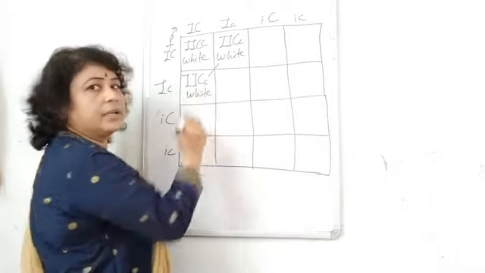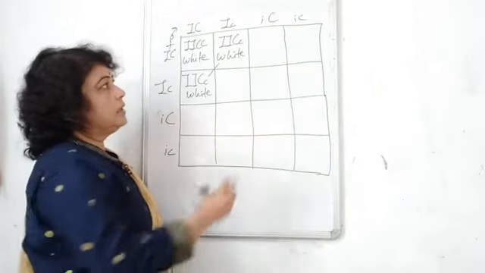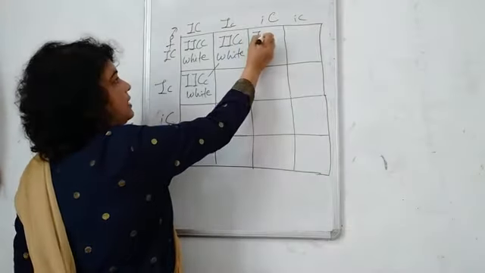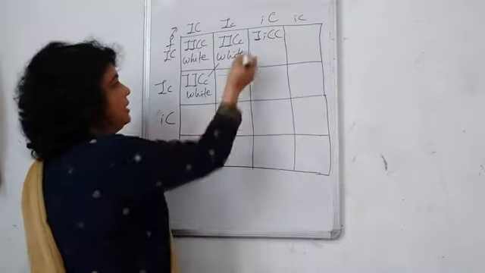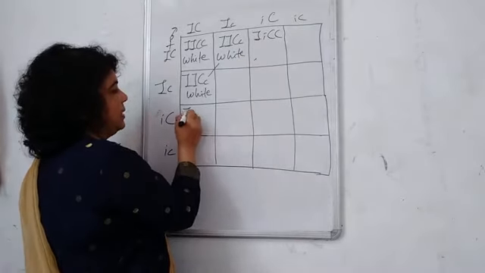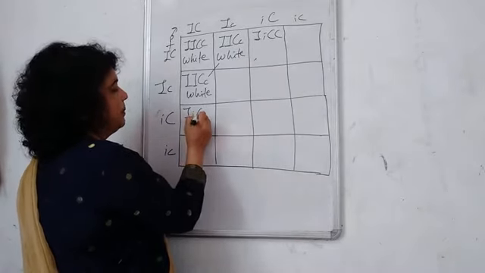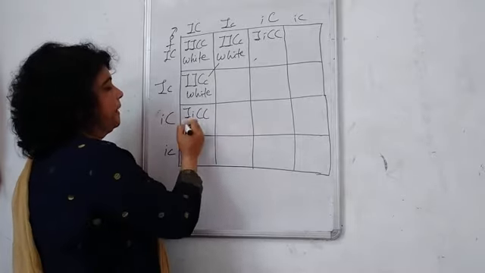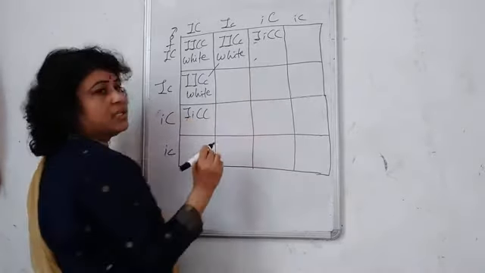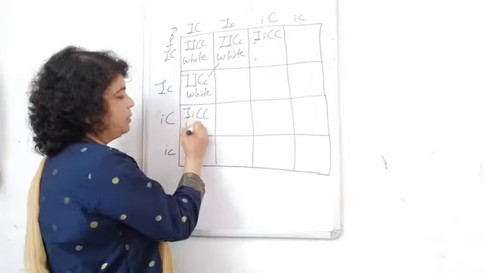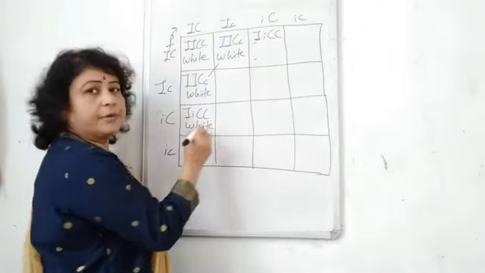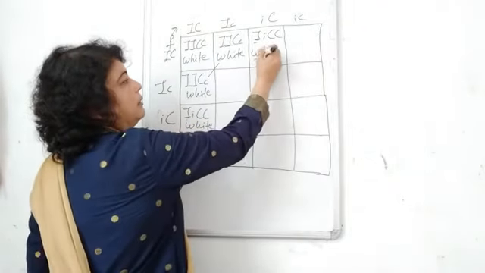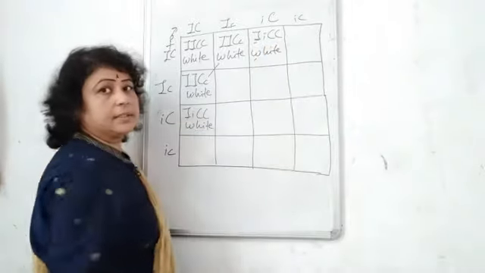White and white. Then this condition capital I, capital C, capital C. Similarly, this capital I, small i, capital C, capital C. Here also I is in dominant condition, so it produces white, white.